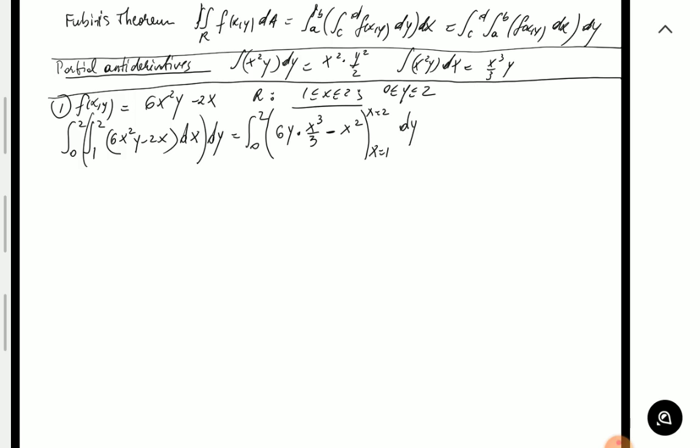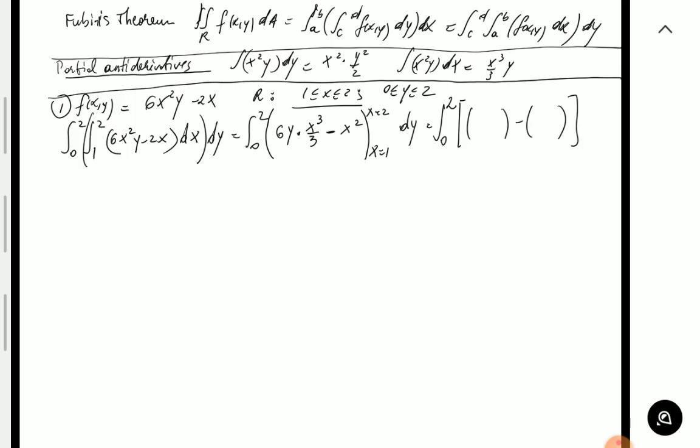So do that in the beginning until you get used to it, because otherwise by accident you might plug the bounds into y. But right now, again, we're still dealing with the innermost integral. So this is just calculus 1 stuff, except that you keep one variable constant. So plug in the bounds, that means the fundamental theorem of calculus, right?